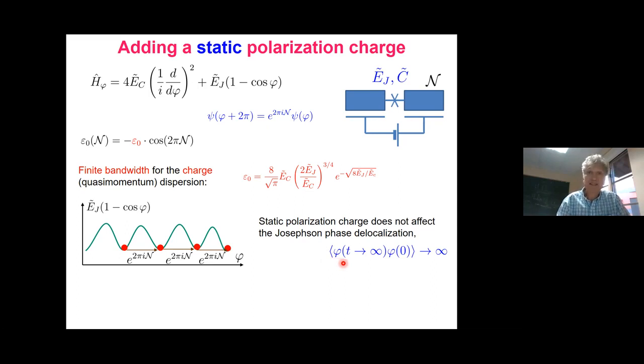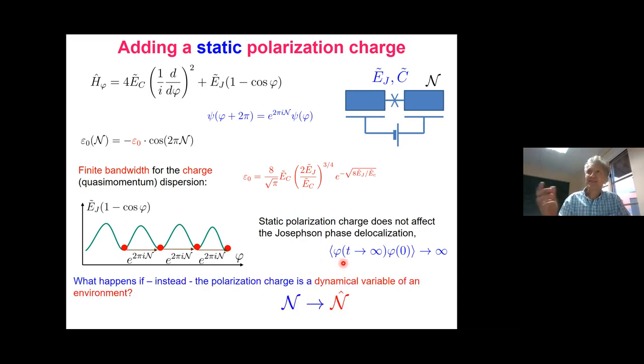That remains true. Now the question is, suppose this polarization charge is not induced by a battery and capacitors, but is somehow a dynamical variable of the environment. The question is whether, if it's a dynamical variable, it may affect the behavior of the phase and maybe localize the phase.